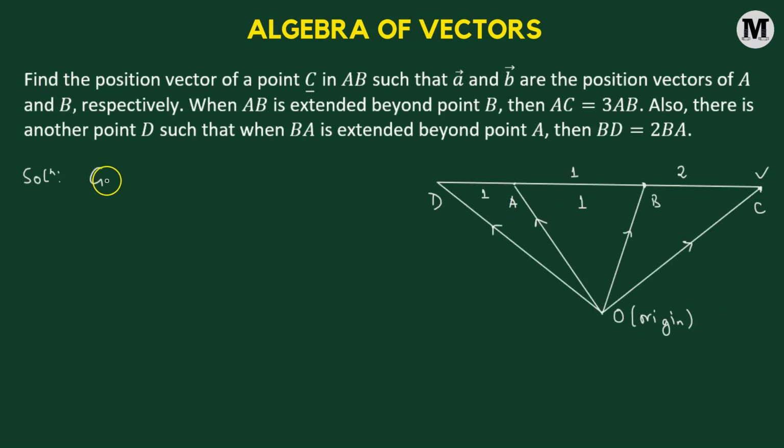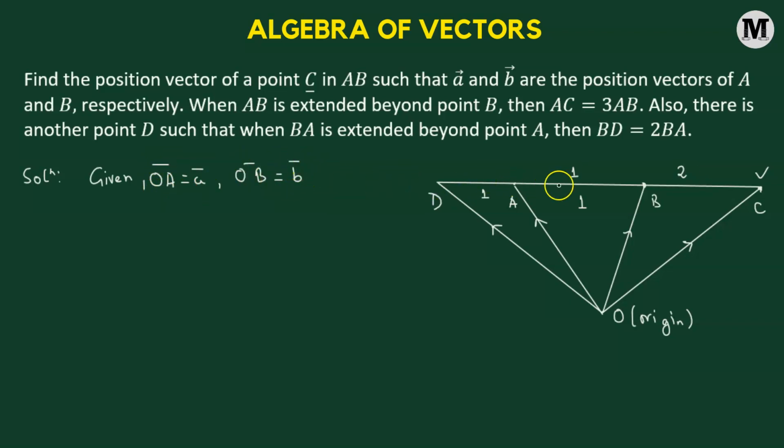In the problem, it's given that the position vector of point A is a vector and the position vector of point B is denoted by b vector. That means OA vector equals a vector, and OB vector equals b vector.